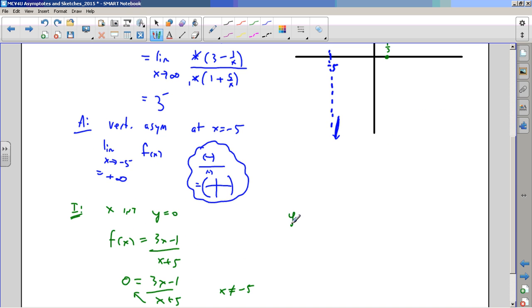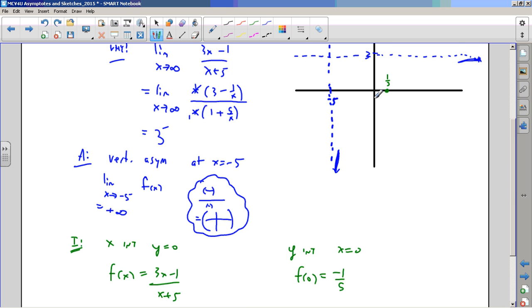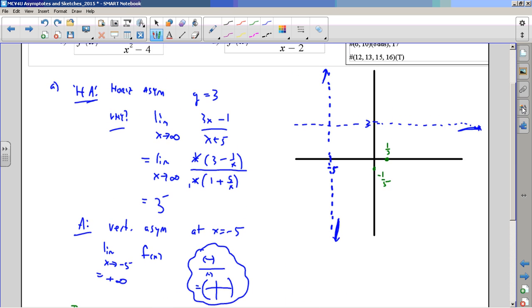The y-intercept is when x equals 0. Put that in straight off. f at 0 is negative 1/5, right? So (0, negative 1/5), right about there. I think I can kind of see what's going to happen here.